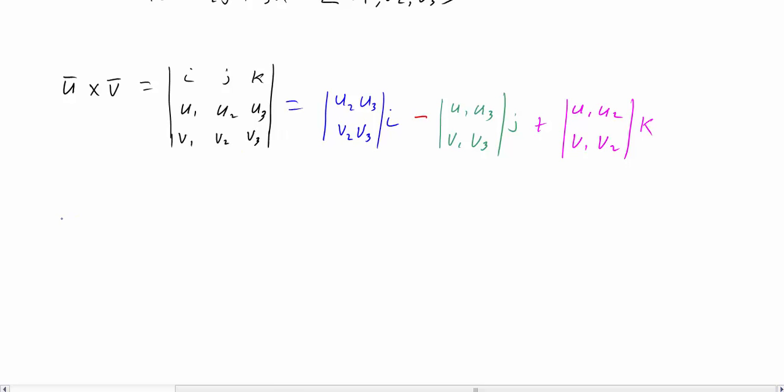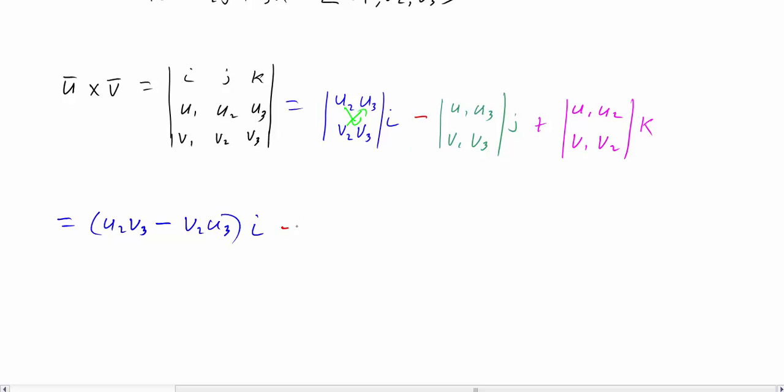Well, if we start here with the first one, we're going to cross multiply. So we're going to take u2 times v3 minus v2 times u3, and that's still multiplied by i.